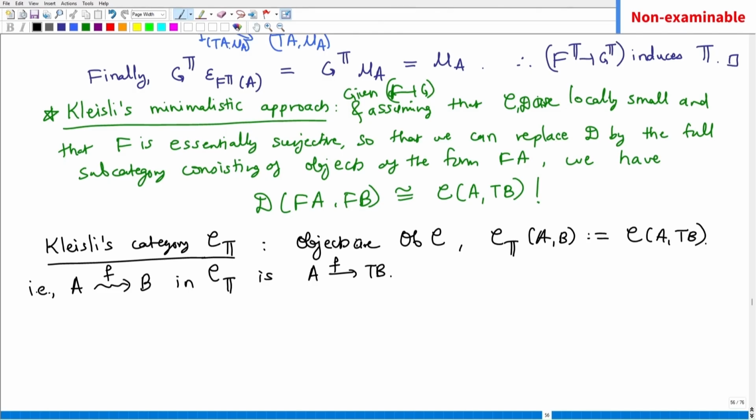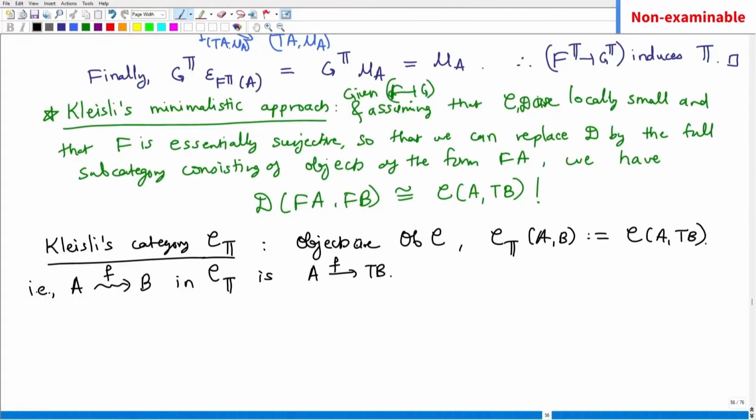Okay. What is the identity? Identity should be a zigzag morphism from A to A. So it should be a map from A to TA in the original category. What is it? Eta. So A to A is A to TA, which is eta.